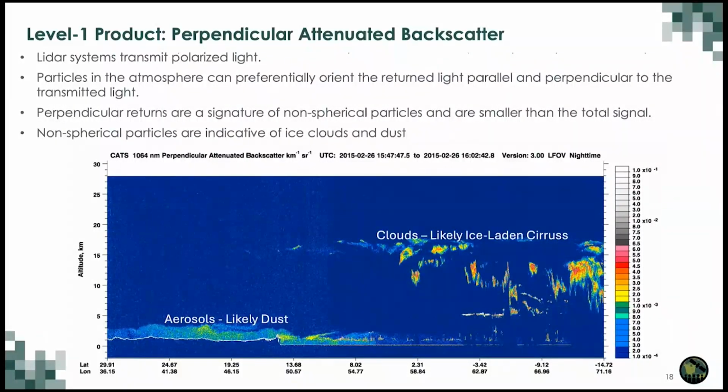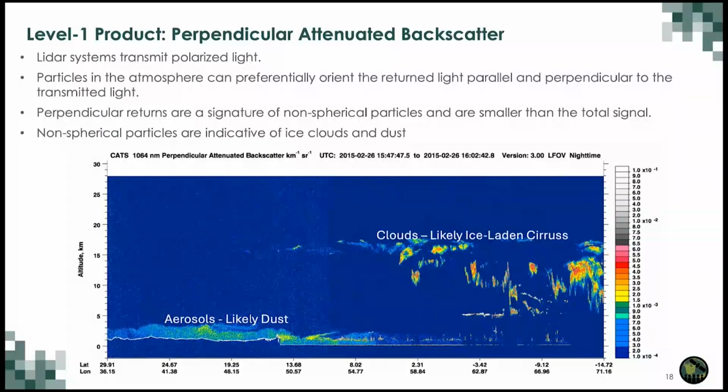Another level 1 product is what we call the perpendicular attenuated backscatter. And as I mentioned in part 1, LiDAR systems measure linear depolarization from particulates in the atmosphere. And non-spherical particles such as ice particles in clouds or dust particles that are aerosols will backscatter light in the perpendicular plane.